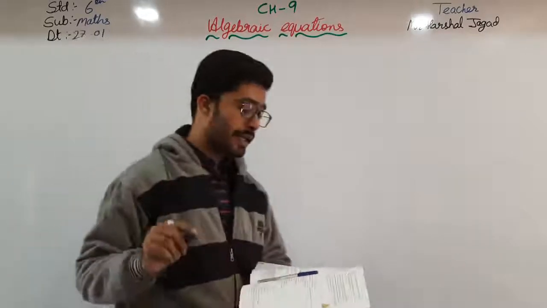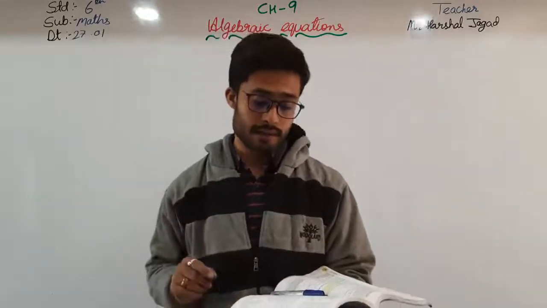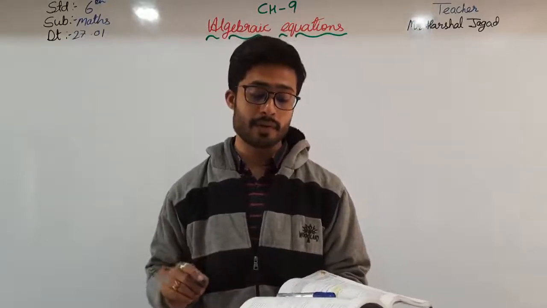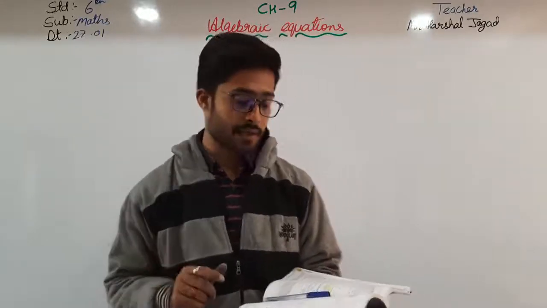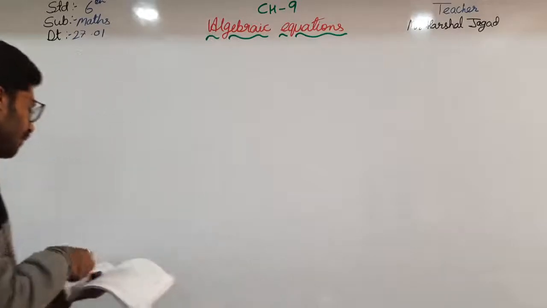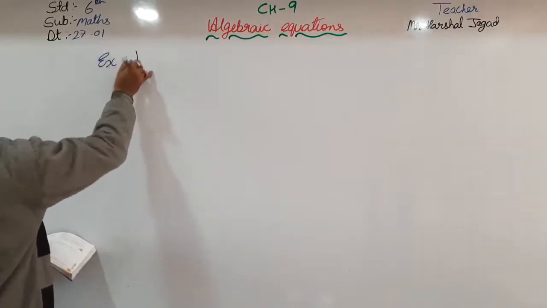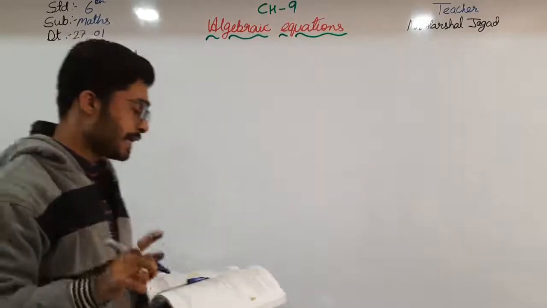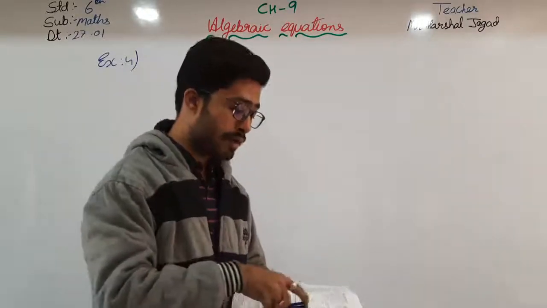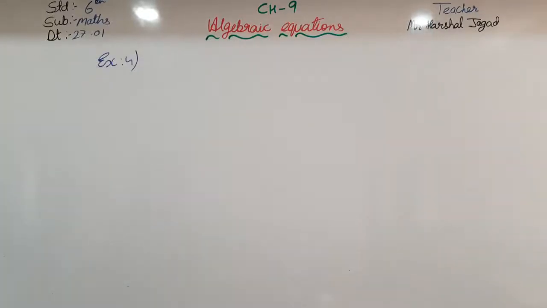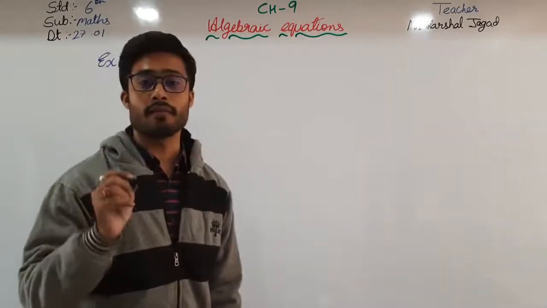If 20 is subtracted from a number, the result is 45. Convert this statement into an algebraic equation. Example number 4: if we subtract 20 from a number, then we get a result that is 45.